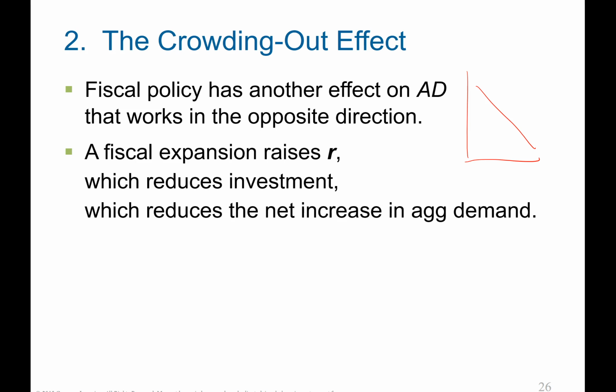So it's interesting because what you have here is a policy that's intended to increase aggregate demand. However, one of the unintended side effects is this increase in aggregate demand raises the interest rate. And as a result, that higher interest rate discourages investment. So what it really is, is a mitigating effect on the change.